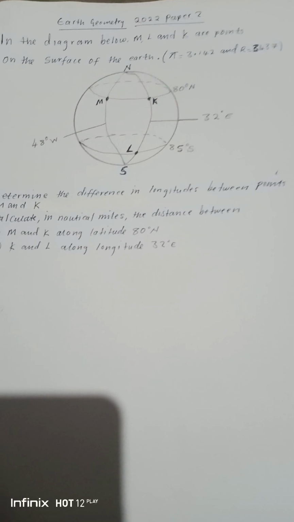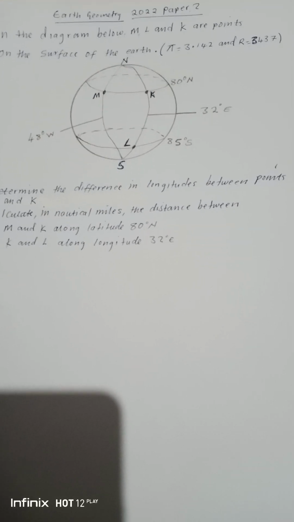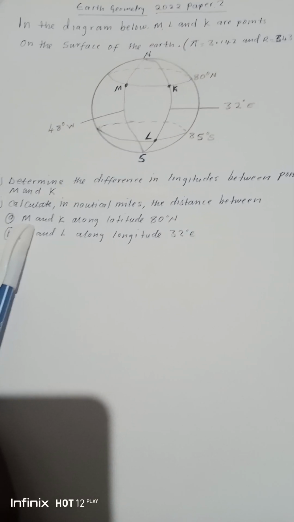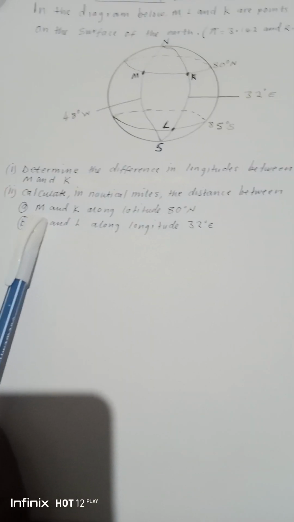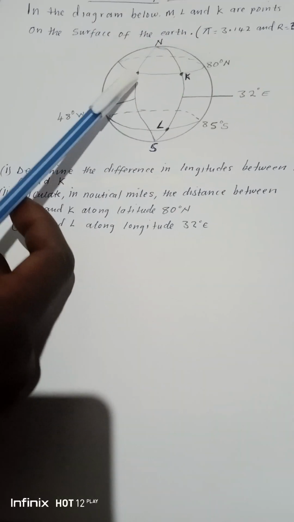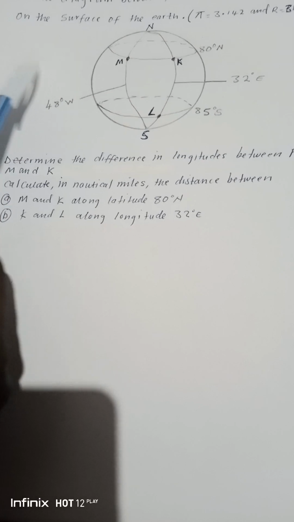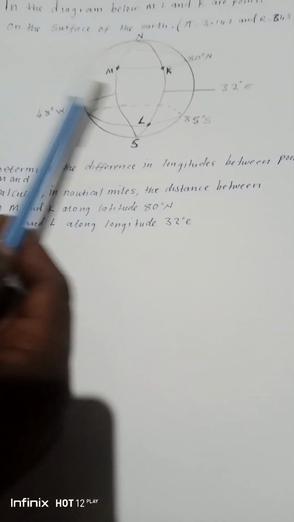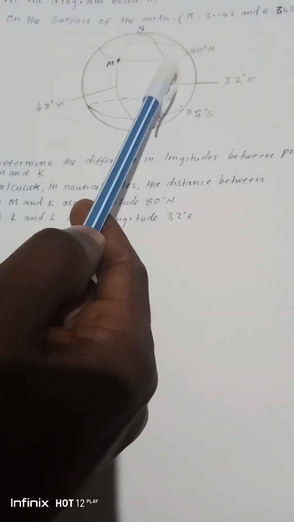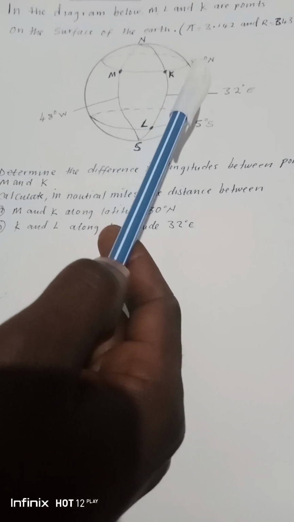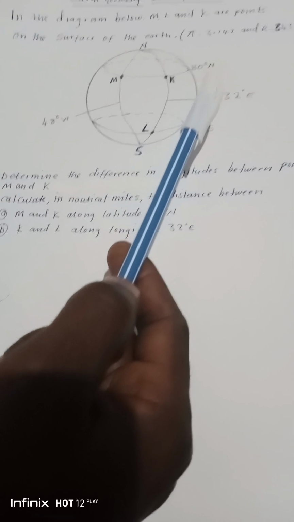Now in this case, if you look at the question, we need to look at where those points are lying. Point M lies to the west part of the Earth's surface, and point K lies to the east part of the Earth's surface.